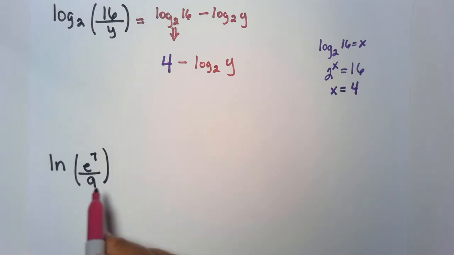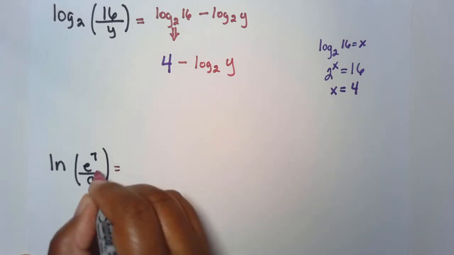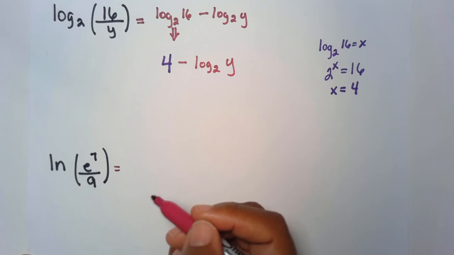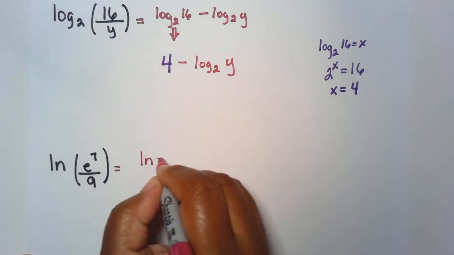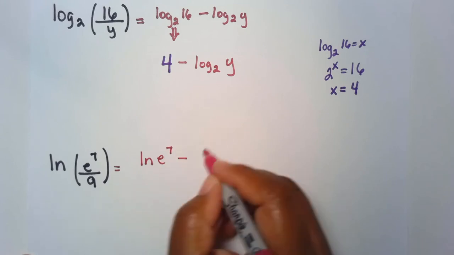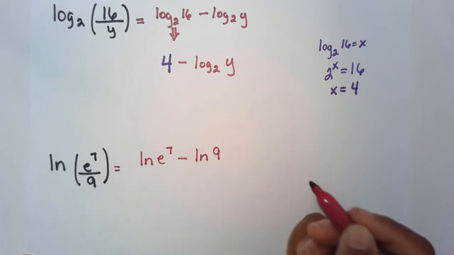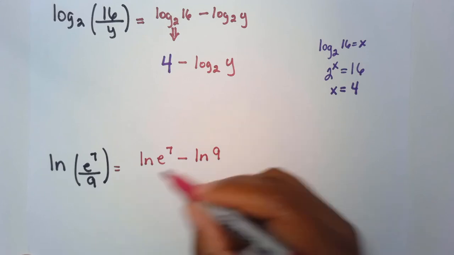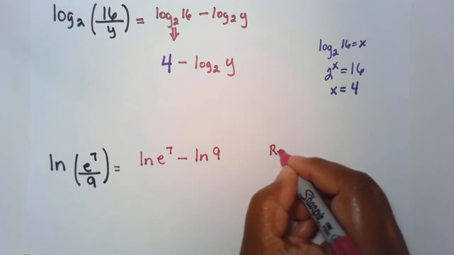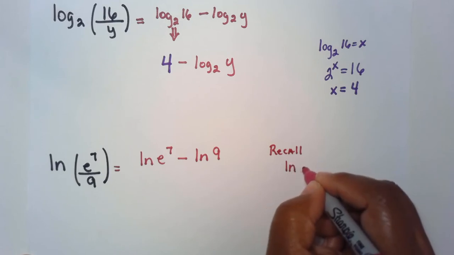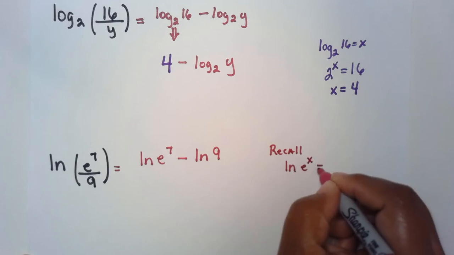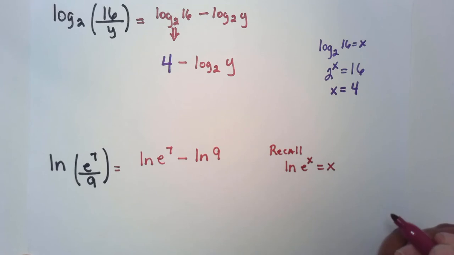We have ln of e to the 7th over 9. Quotient again, we're going to subtract. So we have ln, our natural log, of e to the 7th minus ln of 9. Now, for the ln of e to the 7th power, recall that ln of e to the x power is going to be x.